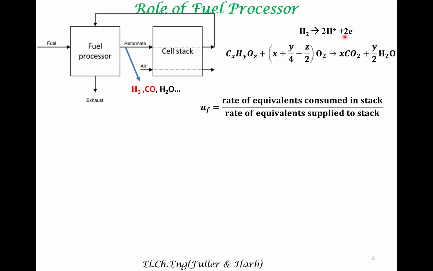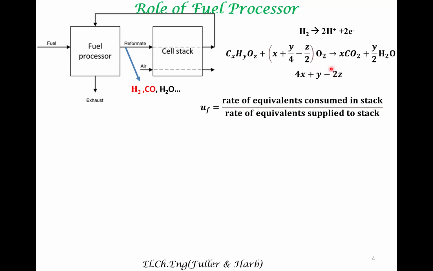In a previous lecture, we had used a generic fuel with this chemical formula. Based on stoichiometry, this much amount of oxygen is being utilized. And as mentioned earlier, for 1 mole of O2, 4 moles of electrons are utilized for reducing O2.